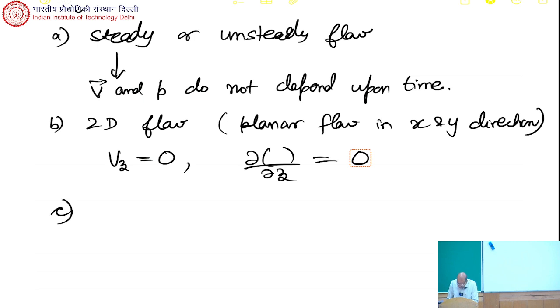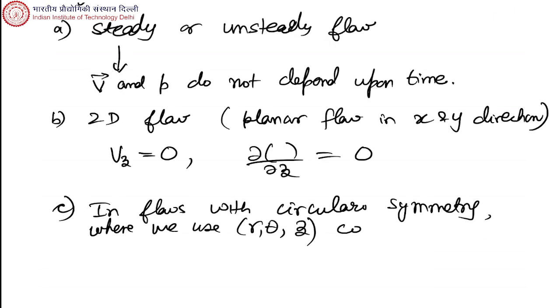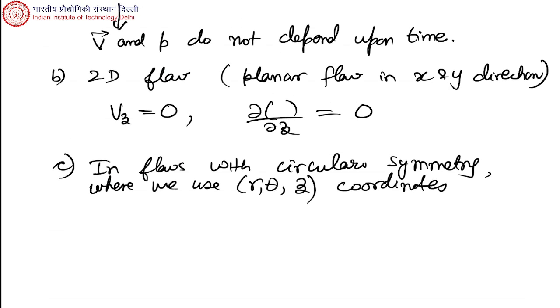Then the third simplification which comes is in flows with circular symmetry, where we use r theta z coordinates.